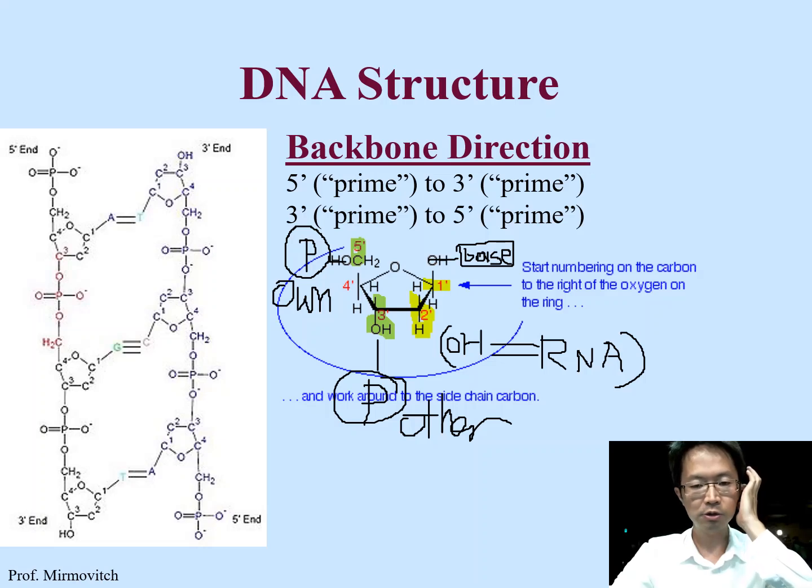I hope you understand or at least remember that. Let me repeat. The 1' carbon connects to the nitrogenous base. The 2' carbon determines whether it is DNA or RNA. The 3' carbon connects to the phosphate group of another nucleotide.